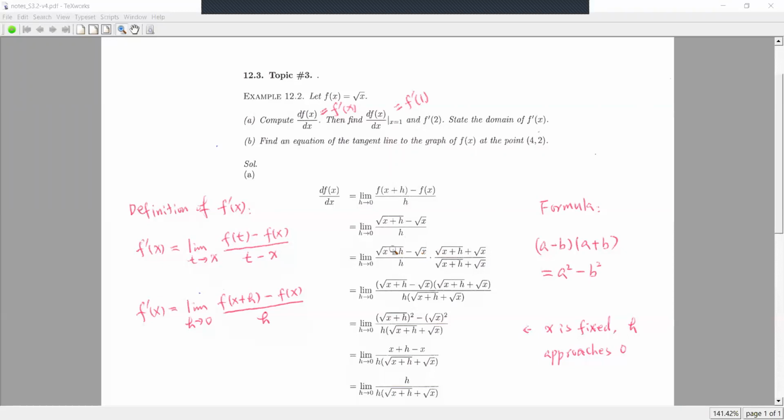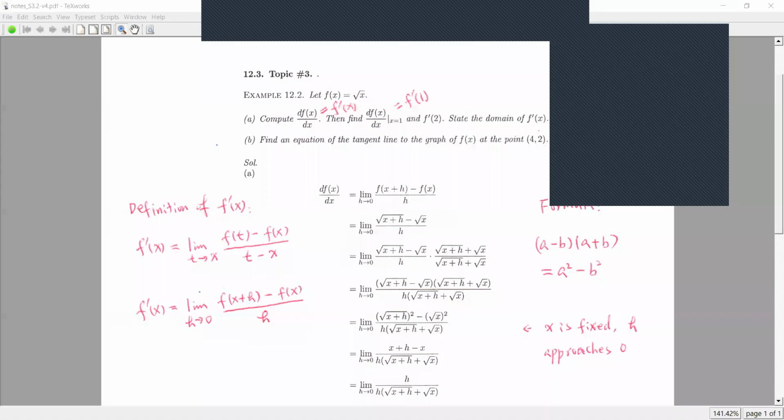Then I multiply the numerator by a plus b and the denominator by a plus b. A plus b over a plus b is 1. I just multiply this fraction by 1 and I didn't change this fraction.